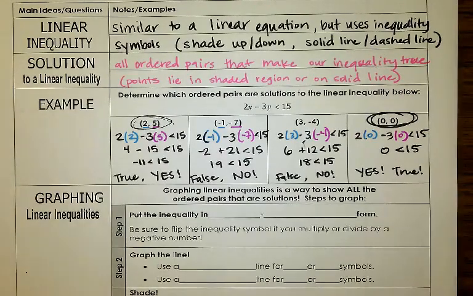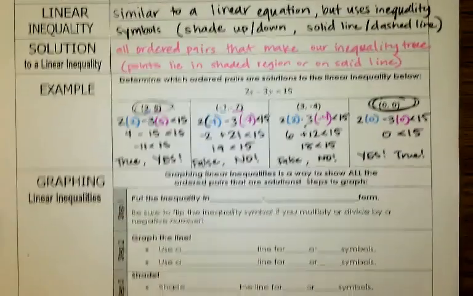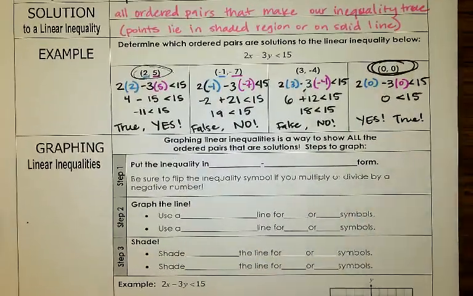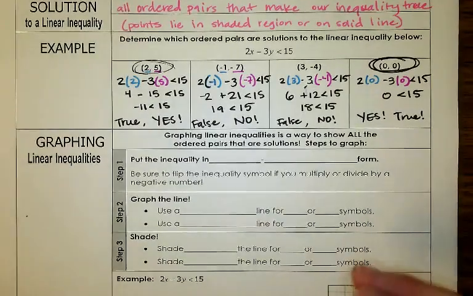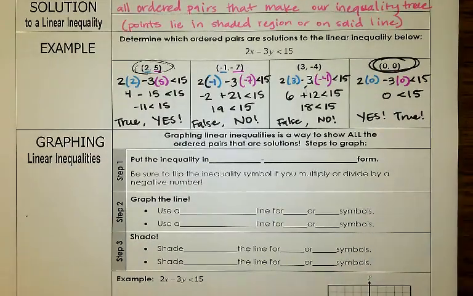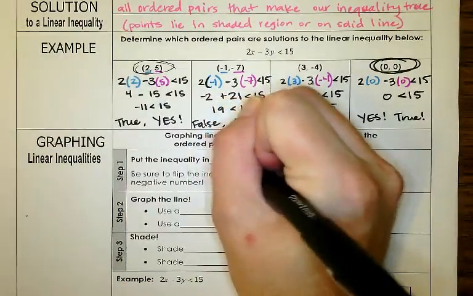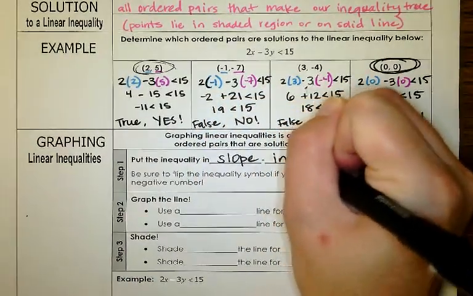Another way you can see if these guys are solutions is you can graph it, okay? And the way we're going to graph it is very, very similar to the way we graphed linear equations. The first step is that we want to put this inequality into slope-intercept form.